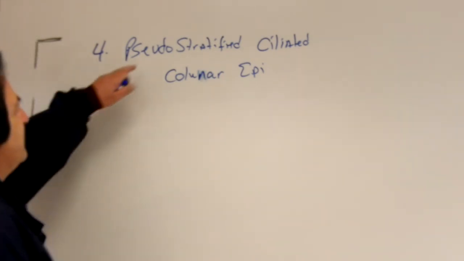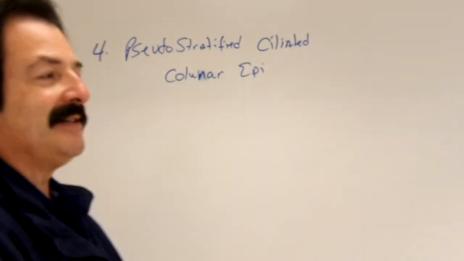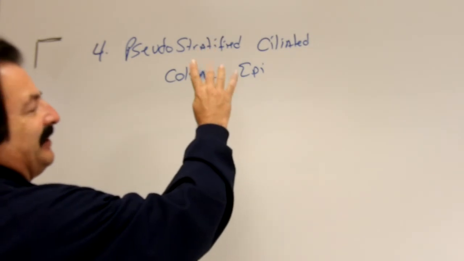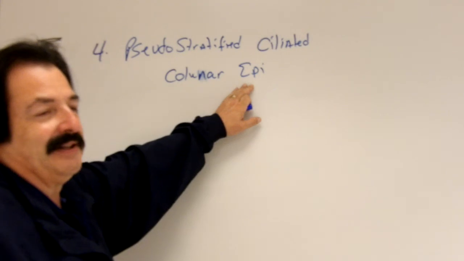Pseudo means false, so falsely stratified. It looks like it's stratified, but it's not. Stratified would mean more than one layer, multiple layers. So it looks like there's multiple layers, but there's not. The word ciliated means little hair-like structures, cilia. Columnar, you already know that's a column, and of course this is still epithelium.